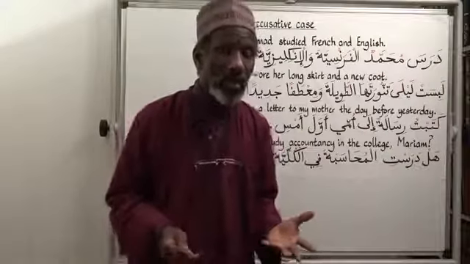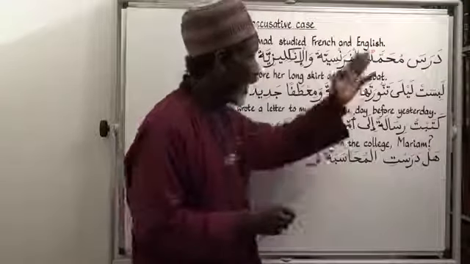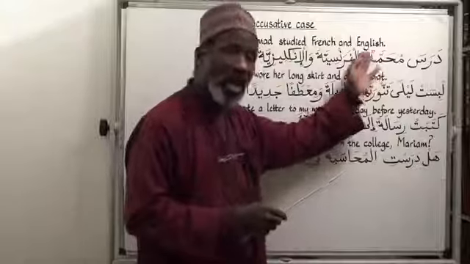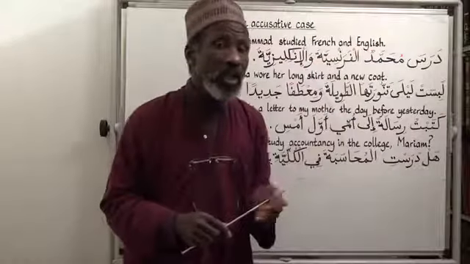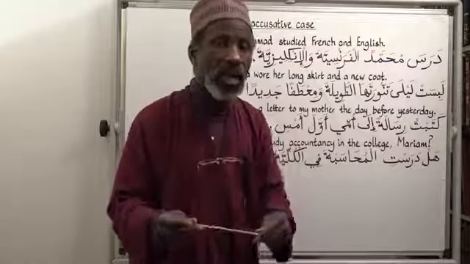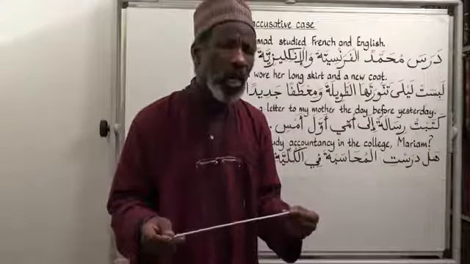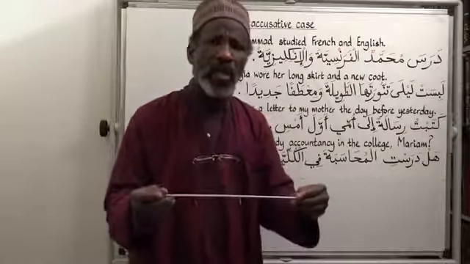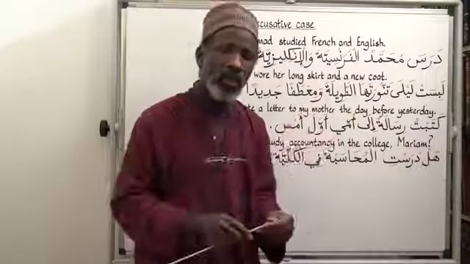Arabic retains the letters, the words, as well as the vowels. Which means, in English, for instance, if I want to say a teacher hit a student, it has to be in that order.